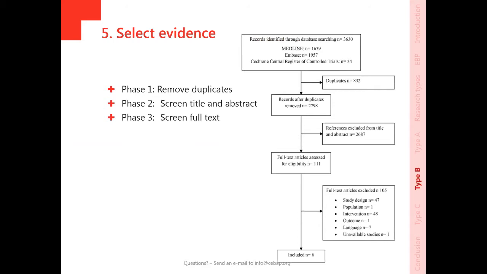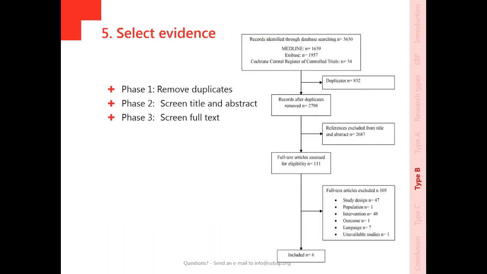And in order to select the relevant papers, there are 3 phases to go through. First of all, we remove all duplicates. Then we screen all references based on title and abstract. And the ones that we would include based on title and abstract are screened a third time based on full text.